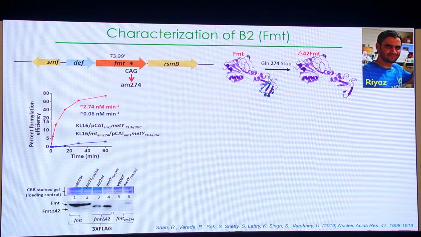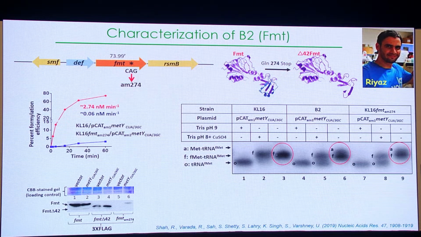Now, if this activity is real, we should also be able to tell it with the acid urea gel that Tom Suzuki and Tom Rajbhandari both talked about. What you will notice here is, in the wild type background, you will see a single band which corresponds to the formylated species of the tRNA.